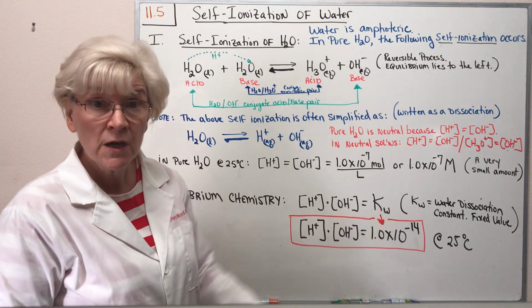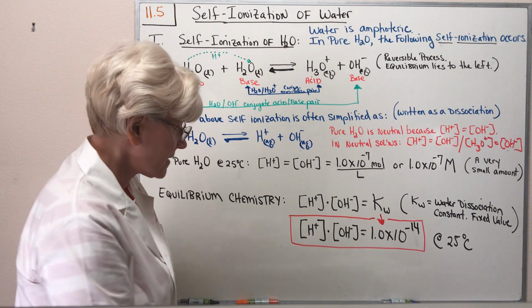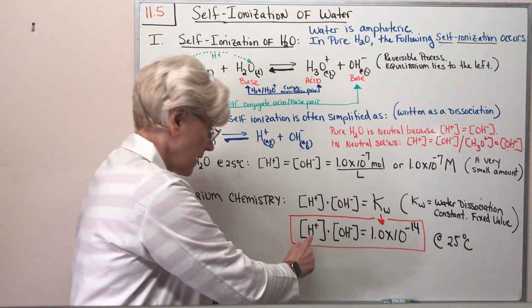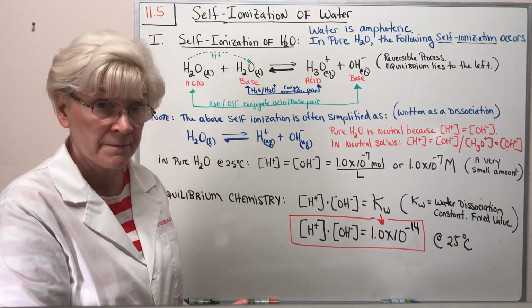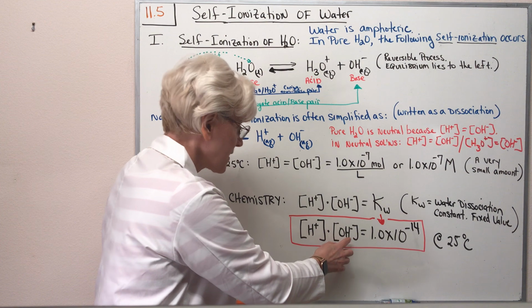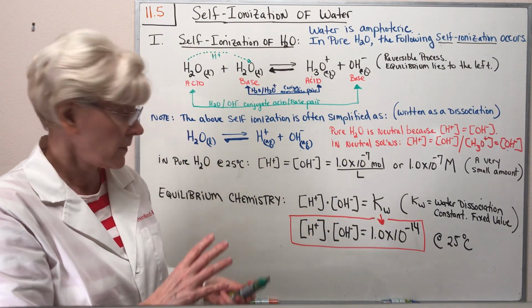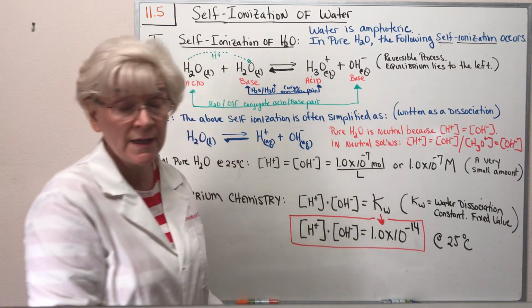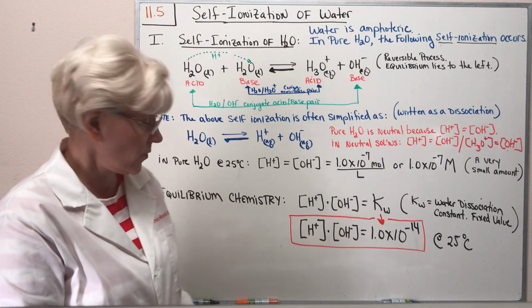Now, what will this equation allow us to do? It will allow us to calculate the hydroxide ion concentration if we know the hydrogen ion concentration, or vice versa. If we know the hydroxide ion concentration, we can calculate the hydrogen ion concentration, or if we know the hydrogen ion concentration, we can calculate the hydroxide ion concentration using this equation.